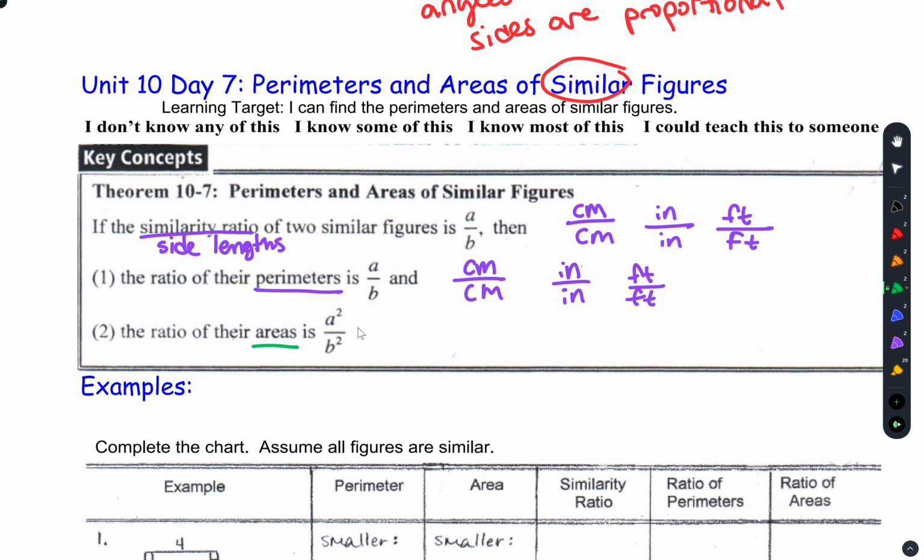So, when we measure area, our units are going to come in handy to make sure we have them correct. Centimeters squared over centimeters squared, inches squared over inches squared, feet squared over feet squared. We're going to make sure that in our ratios, we are always having the same correct units as we go.